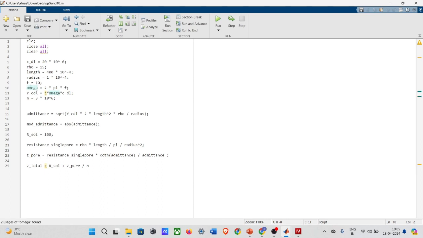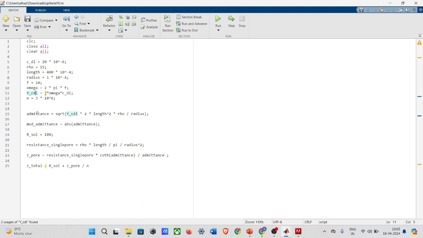Y CDL is j omega CDL. Sorry, it is the admittance form you have to find, not the impedance. The number of pores N is also given. The formula of the admittance is the square root of the admittance times 2 times the square of the length times the density by the radius.